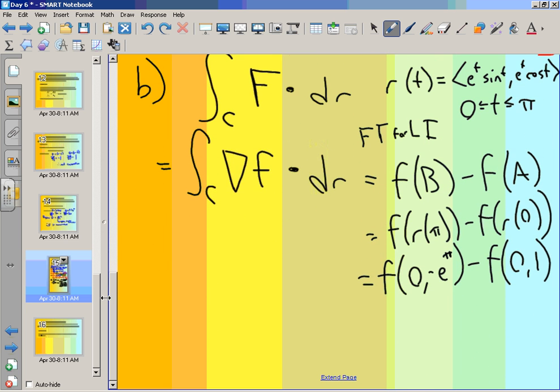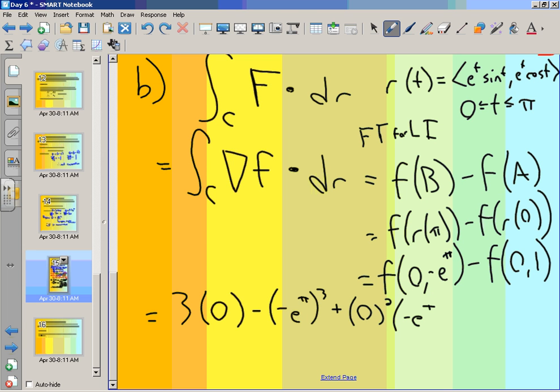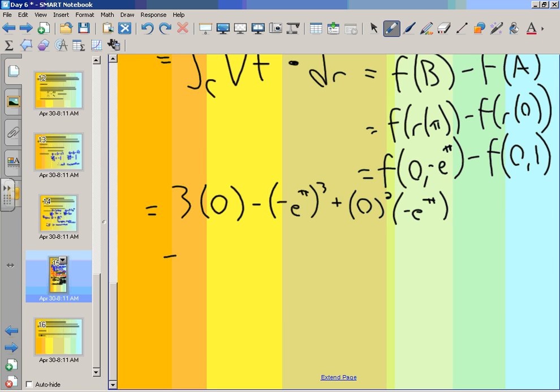So it's 3x minus negative e to the pi q plus x squared y plus 0 squared negative e to the pi, minus, when we evaluate it, we're still going to have 3, 0 minus 1 cubed plus 0 squared times 1.